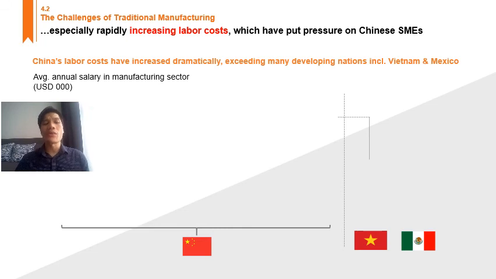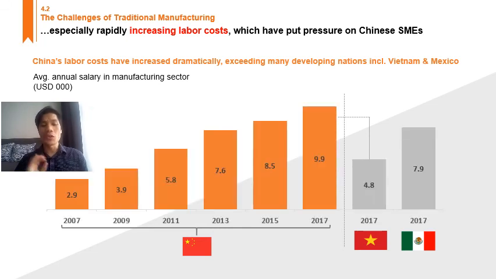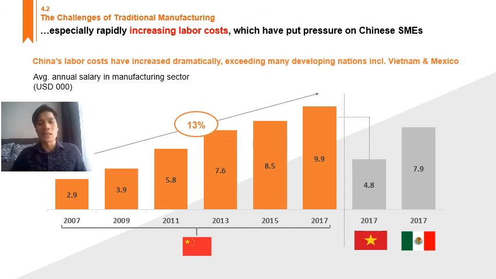The average annual salary in manufacturing sector, in terms of USD thousands, has increased from 2.9 thousand in 2007 to about 9,900 in 2017, as opposed to 4,800 in 2017 for Vietnam and 7,900 for Mexico. So this is actually an increase of 13% in a span of 10 years. Now that is a large increase.